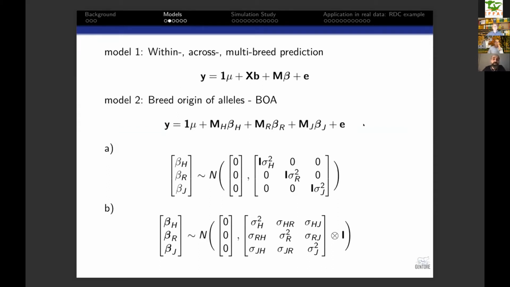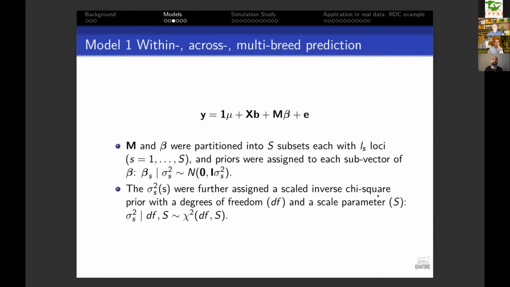We also came up with a model which accounts for breed origin of alleles. I will give more details about these models later on, but in this model, we had two basic assumptions, which state that SNP effects are uncorrelated or SNP effects are correlated for the breeds involved in evaluation. If you look at the first model, this is the part where breed proportions come into play, but of course this doesn't exist within-breed or across-breed predictions.